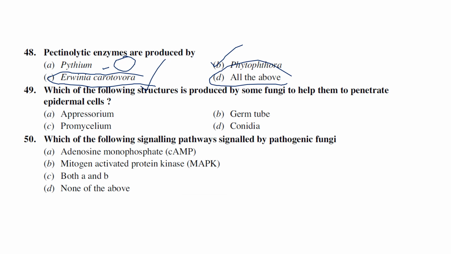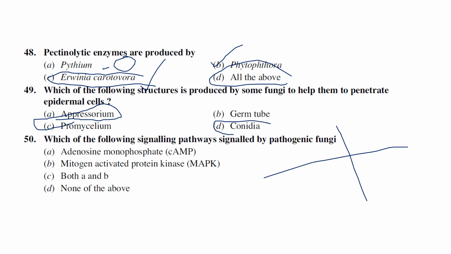Which of the following structures is produced by some fungi to help them penetrate the epidermal cells? What is the structure that helps to penetrate into the epidermal cells? Appressorium is generally an attachment organ, right? Germ tube, promycelium, conidia.